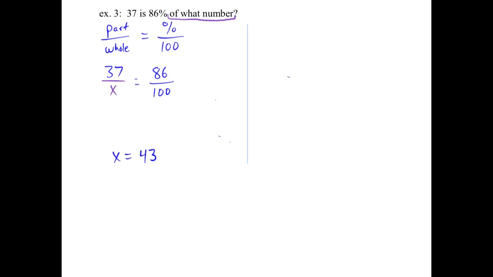This last one, example 3, we could say percent times the whole equals the part. So 37 is, 37 goes in for the part, so it's paired with the is. 86%, right, 0.86 goes in for the percent.